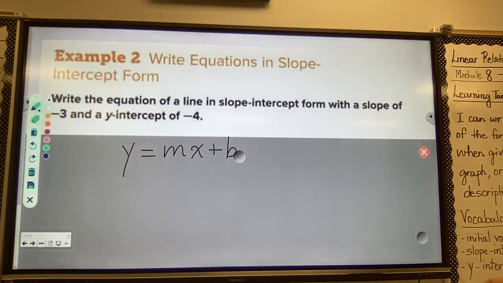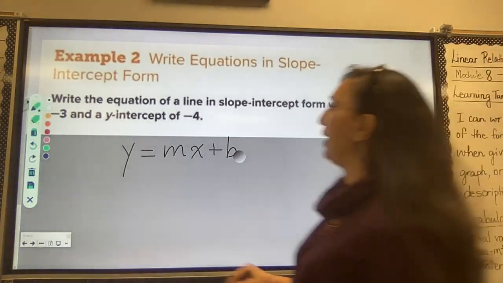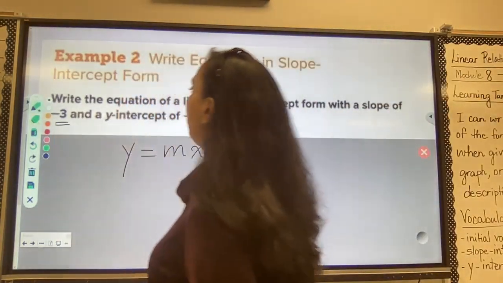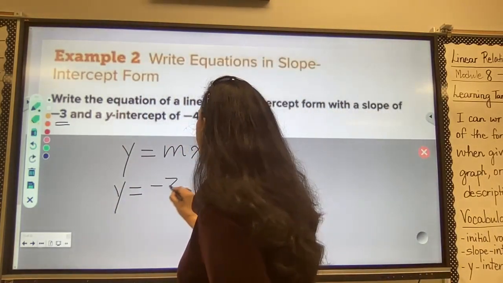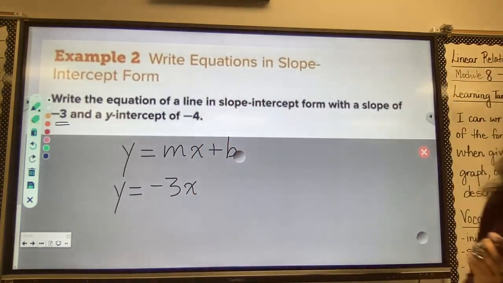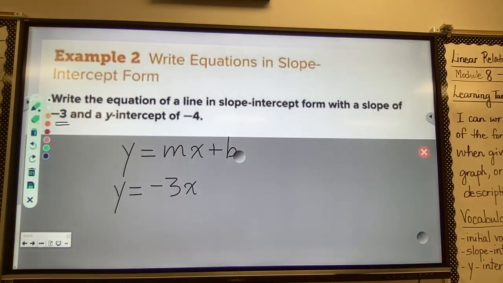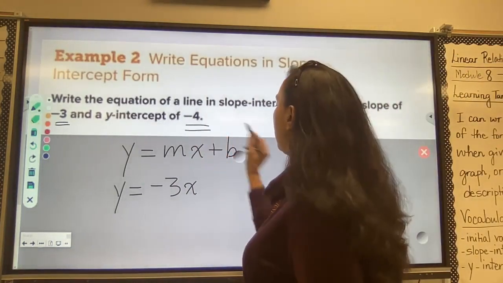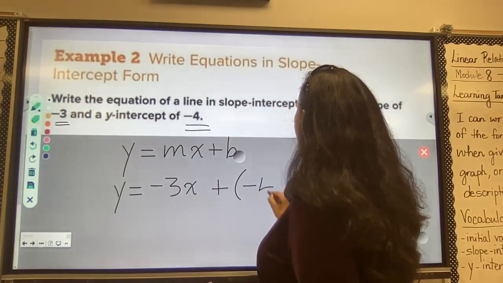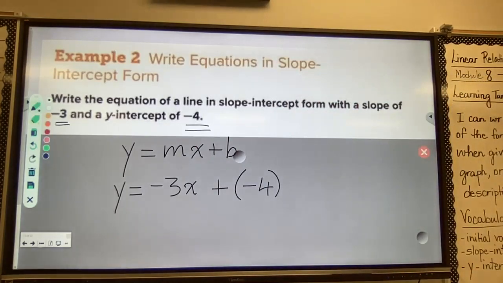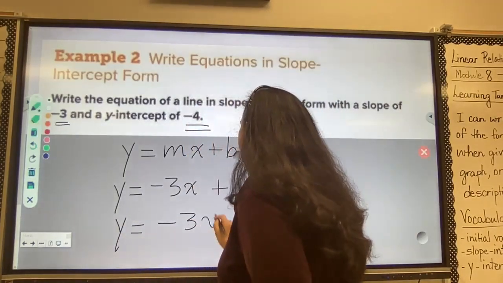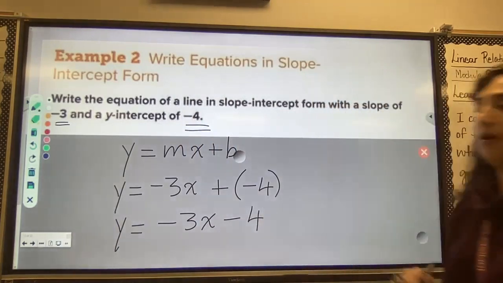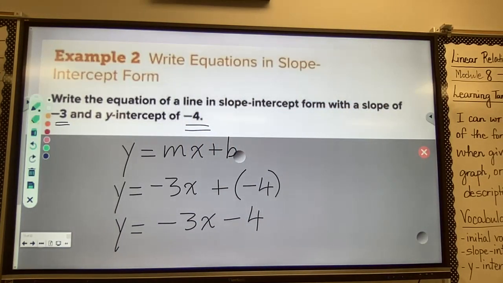So instead of m, we are going to substitute the value. It's telling me that the slope is negative 3. So I'm going to write y is equal to negative 3x plus, what is my y-intercept? Here. So plus negative 4. And then I'm going to just simplify, and therefore y is equal to negative 3x minus 4. And that is the equation of the line.